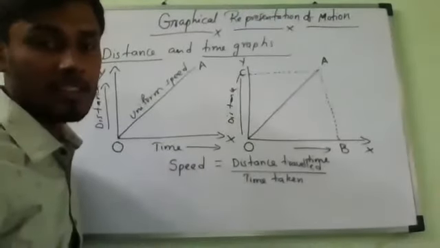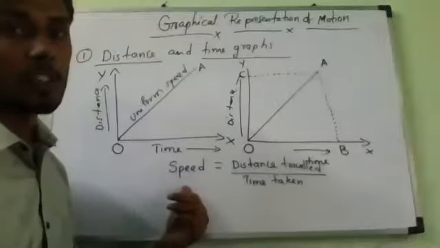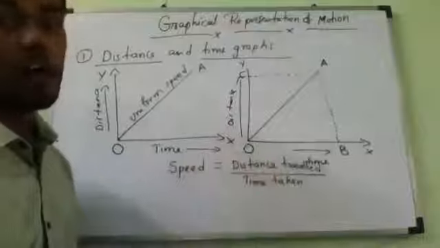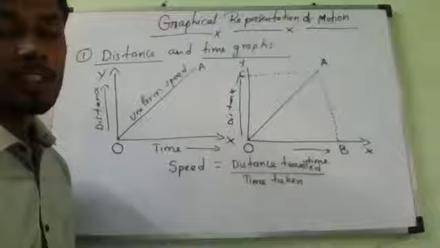Yes or no? If distance and time are given, you can find the speed. But for the graph, remember always, the slope of the graph will give you the speed of the body.